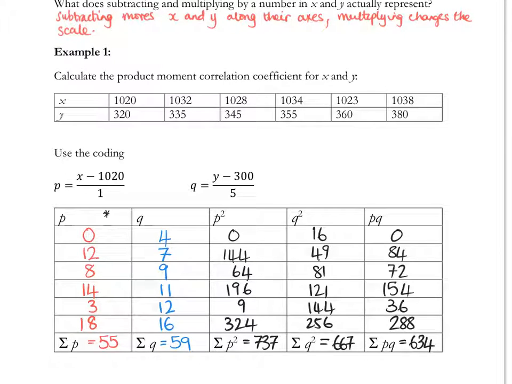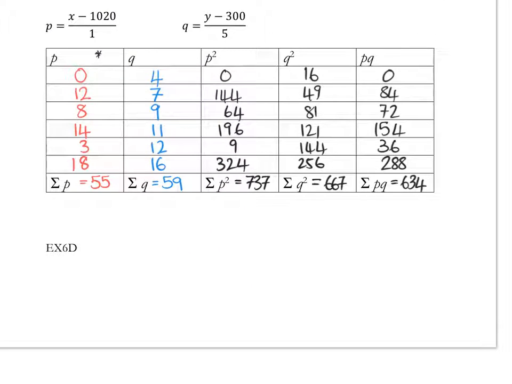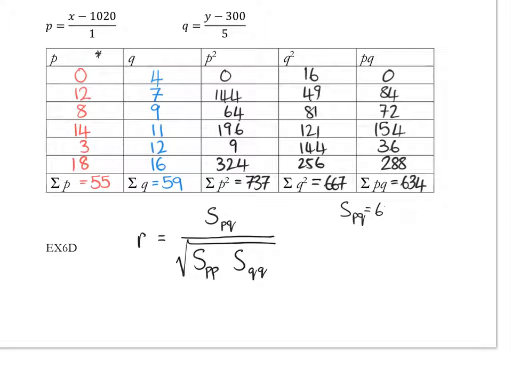Right, from that then we want to work out our product moment correlation coefficient. And thinking back to our formula for it, R would be equal to SPQ, so the covariance of P and Q, divided by the square root of SPP and SQQ. So if we work out what SPQ is, it's 634 minus 55 times 59 over 6.